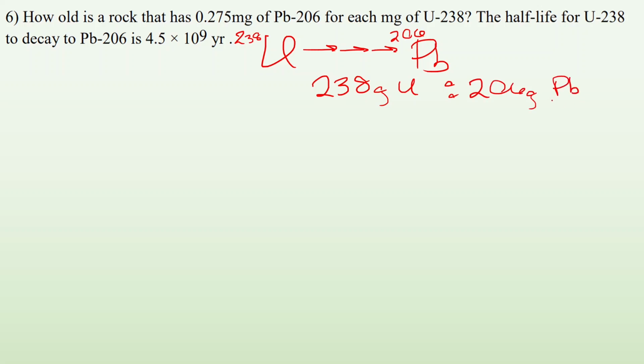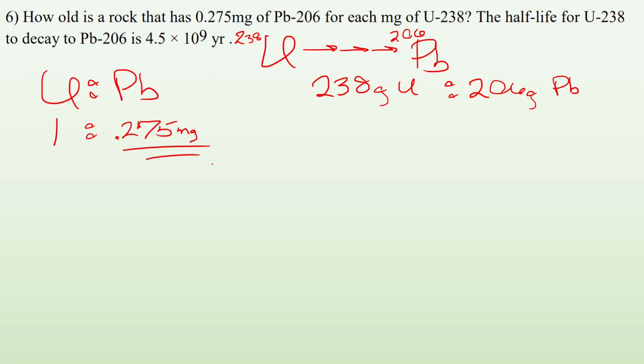All right, so that's an important thing to consider, because what they're saying is right now we have a uranium to lead ratio of, for every 1 milligram, we have 0.275 milligrams of lead. So now the question is, well, how much uranium was there to start with? I know some of it decayed, and I ended up with 0.275 milligrams of lead.